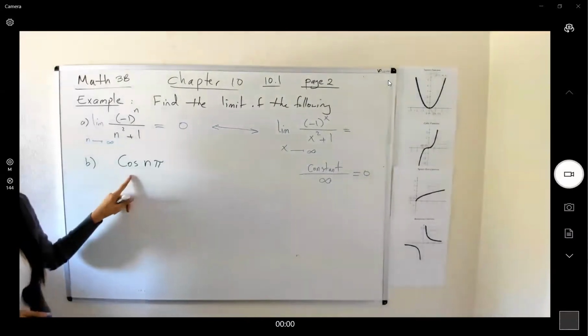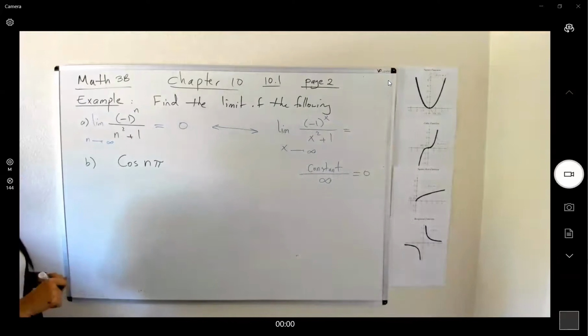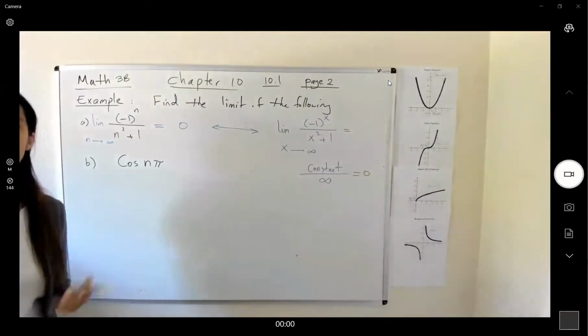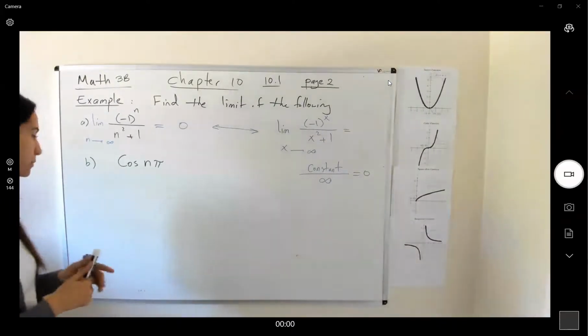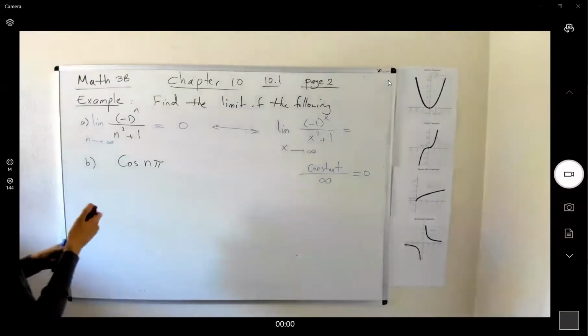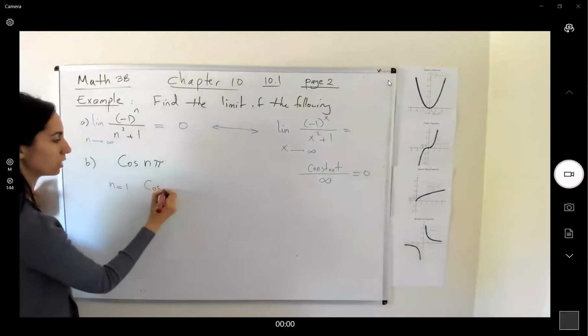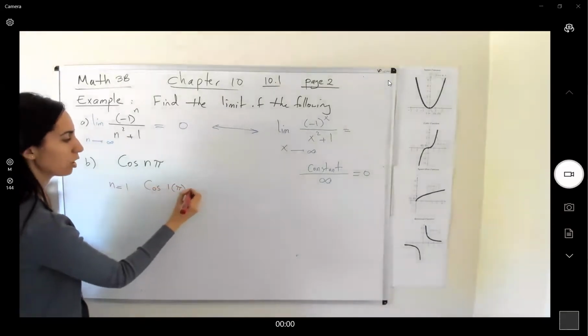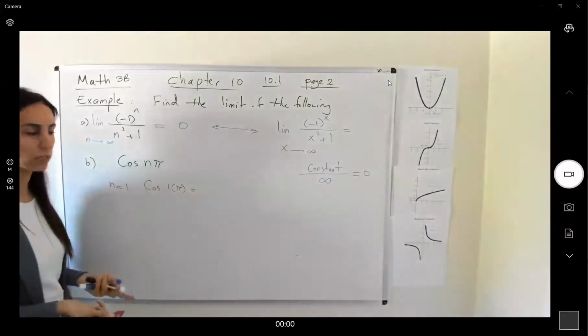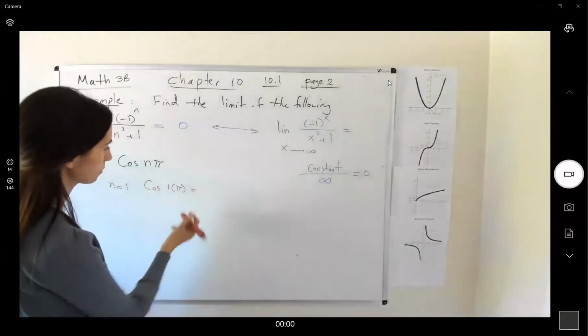What about cosine n times pi? Let's think about this trig function for a moment. If n is equal to 1, cosine 1 times pi is cosine of pi, which is equal to negative 1.